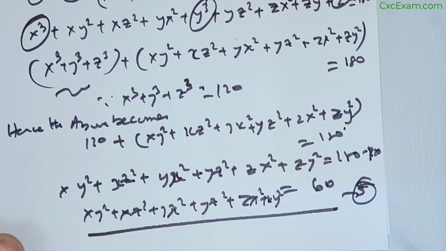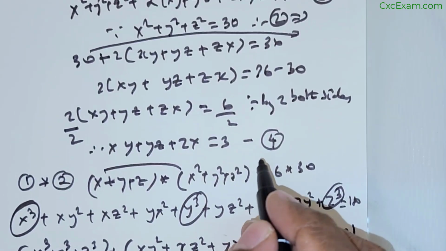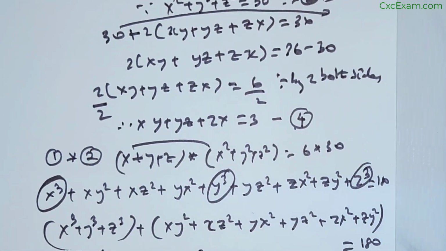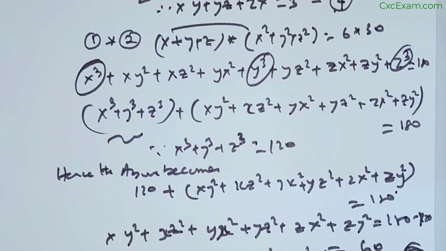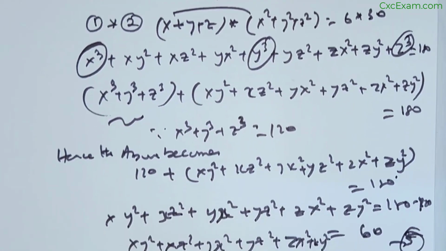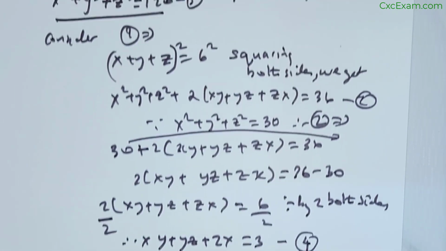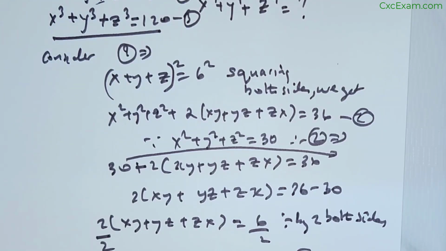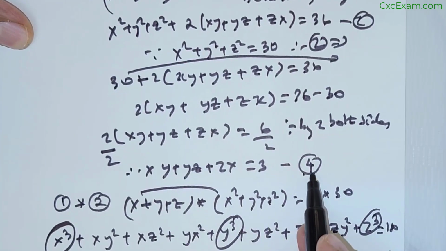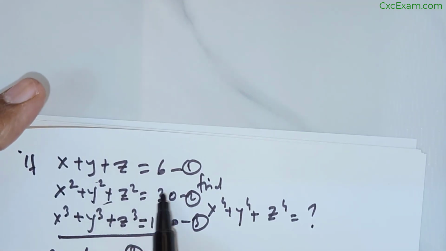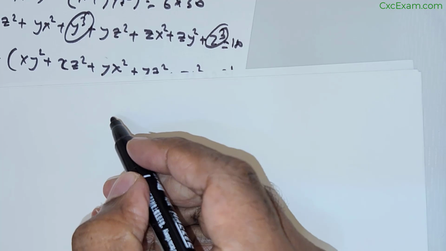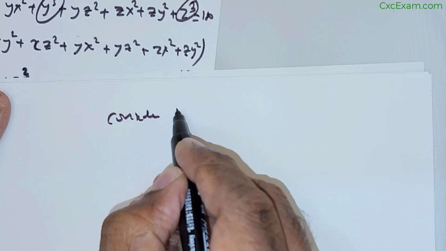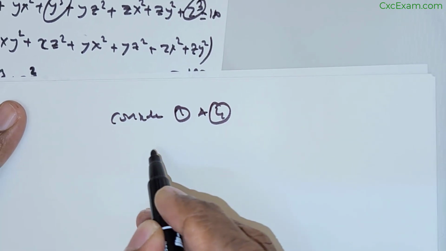Now what we have to do is take 4 with 1. Hope you are watching this. I'm going to multiply 1 with 4.